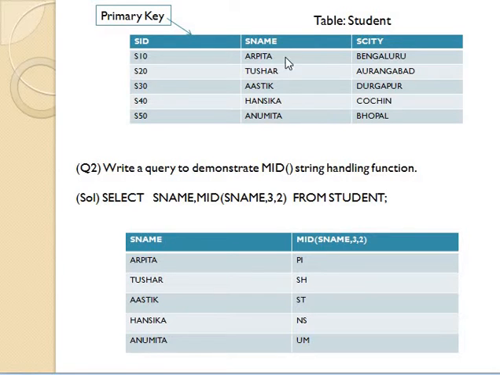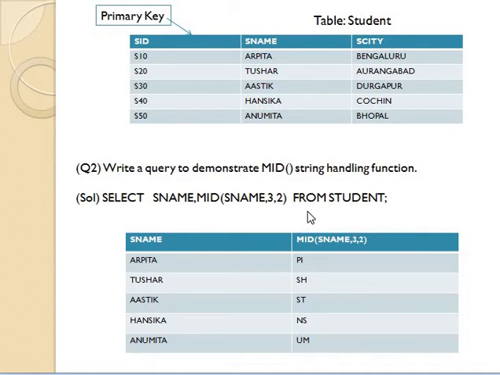For the first entry arpita, starting from the third position, that is the position which holds the letter P. This is the third position for the entry arpita. From there, if we extract two characters including the letter P, then PI gets displayed in the output table like this.